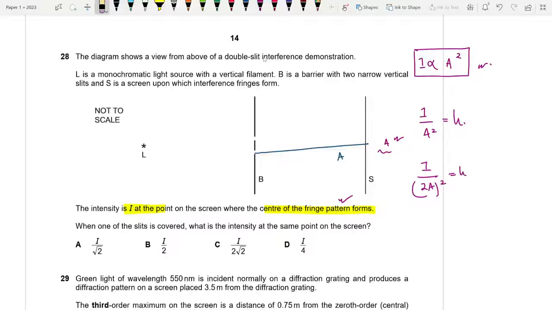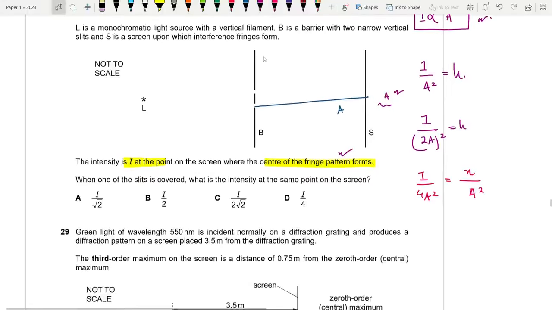Just A. So if we do the math, I divided by 4A squared, the previous circumstance, is equal to the constant for the new intensity. Let's call it x. The new intensity is x, and the new amplitude is simply A. So if you do the math, you end up with x equal to A squared divided by 4A squared times I, and we can cancel A squared. So the new intensity is actually 1/4 of the initial intensity.